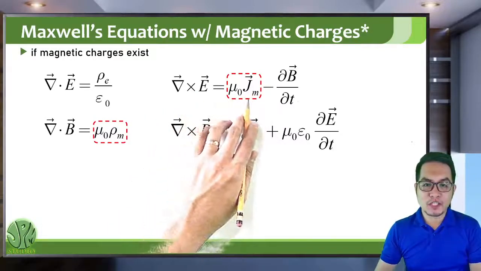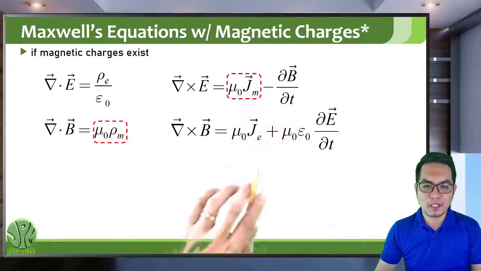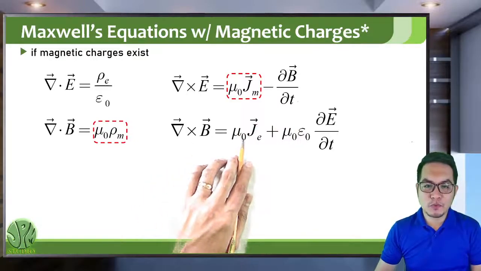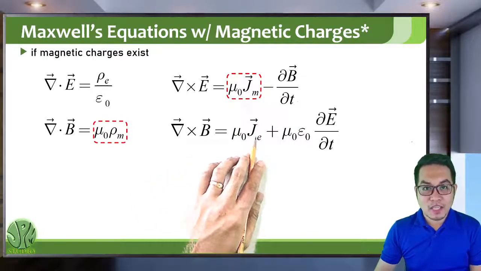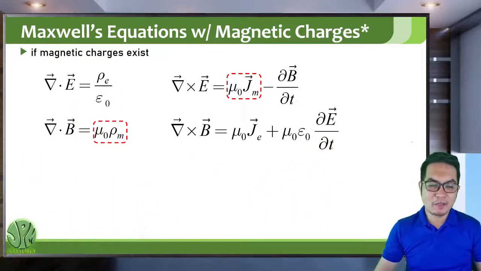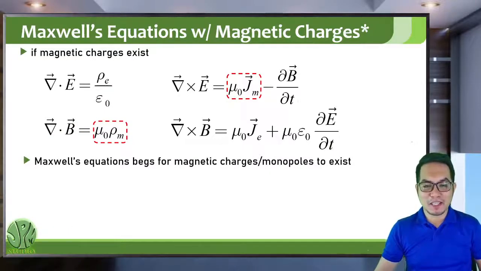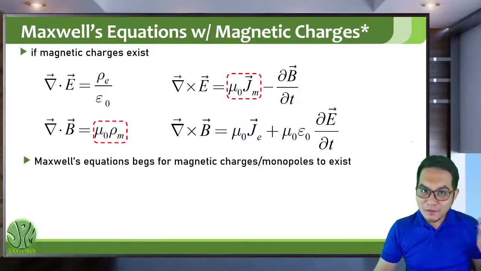The curl of E is mu naught Jm, the magnetic current density, minus partial of B with respect to t, and the curl of B is mu naught times the electric current density, plus partial of E with respect to t. So it's very symmetric. Maxwell's equations actually beg for magnetic charges or magnetic monopoles to exist. There's nothing wrong if magnetic monopoles actually exist, because you see the symmetry, and nature actually loves symmetry.